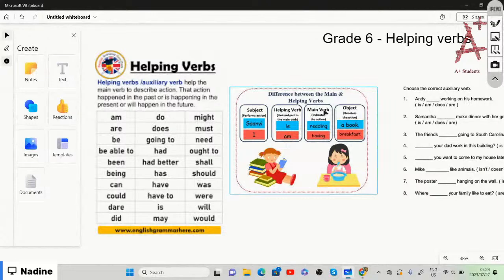So if we look at a few helping verbs, it's am, are, I'm going to go down the list.